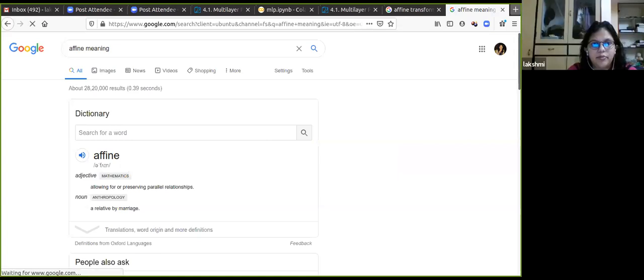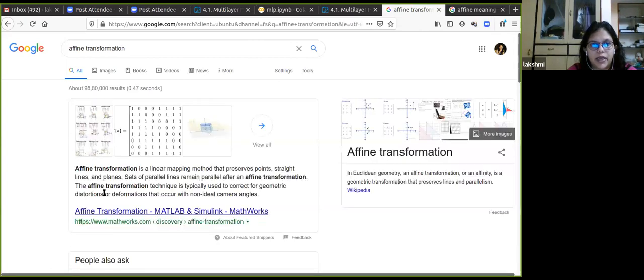Preserving parallel relationships. It is a linear mapping method that preserves points, straight lines, and planes. A set of parallel lines remain parallel after an affine transformation.